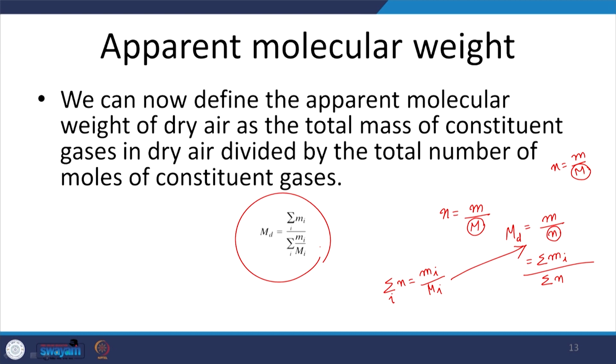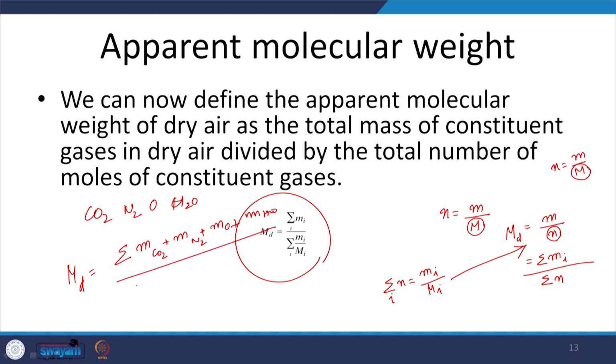For example, if I want to write for a combination of CO2, N2, O2 and H2O, the mean molecular weight of dry air is the sum of the mass of CO2 plus mass of N2 plus mass of O2 plus mass of H2O, divided by the number of moles of CO2 plus number of moles of O2 plus number of moles of N2 plus number of moles of H2O. So, this is the idea, right.